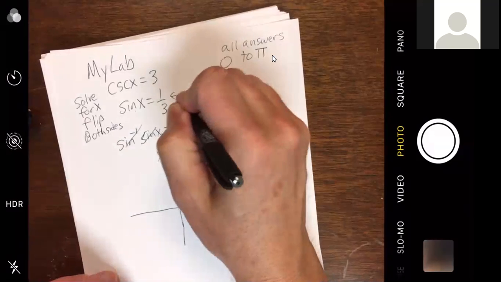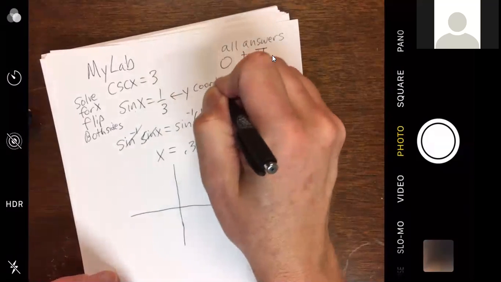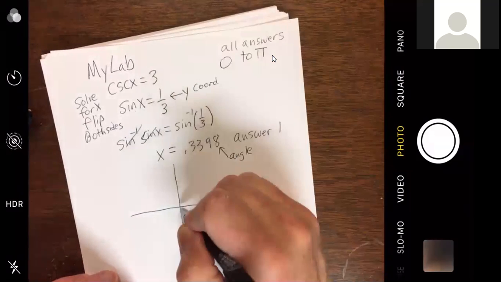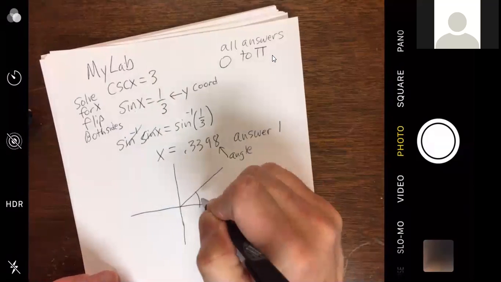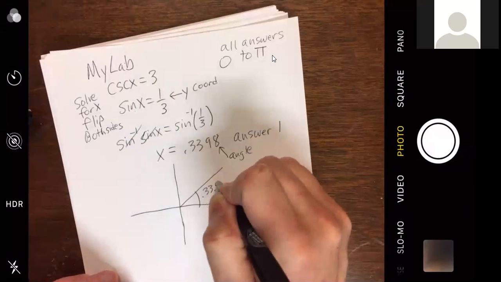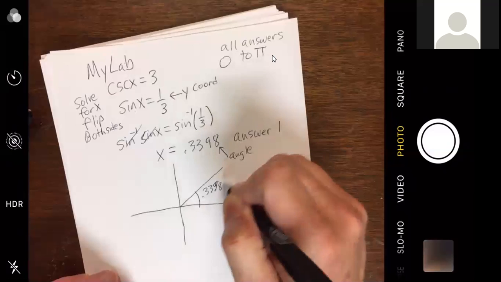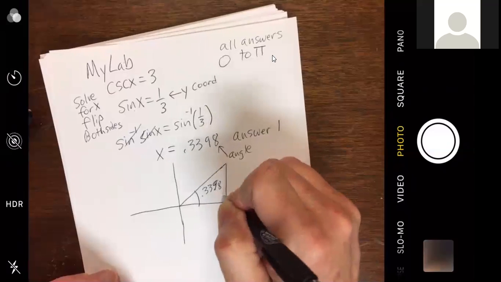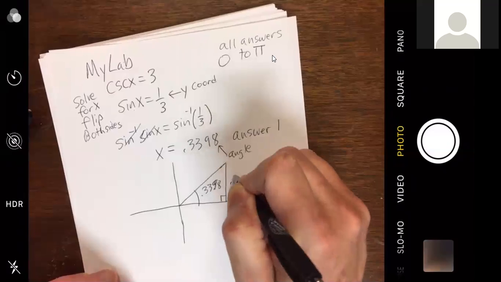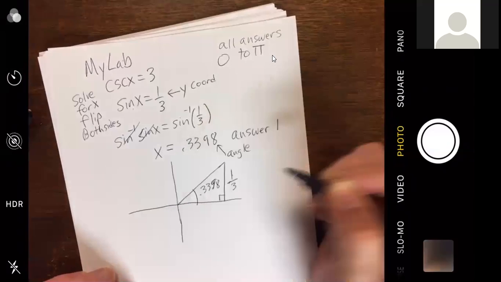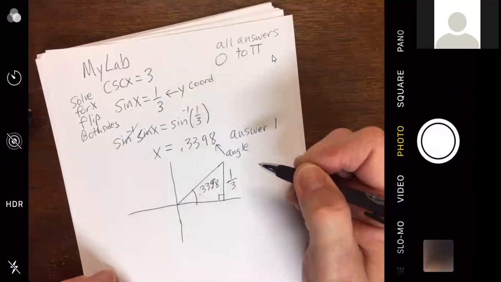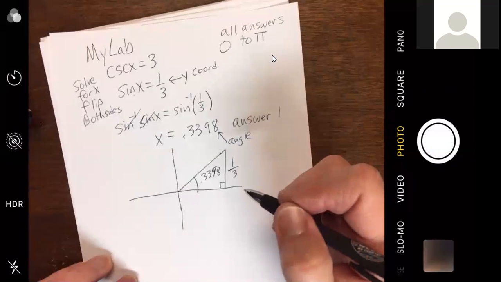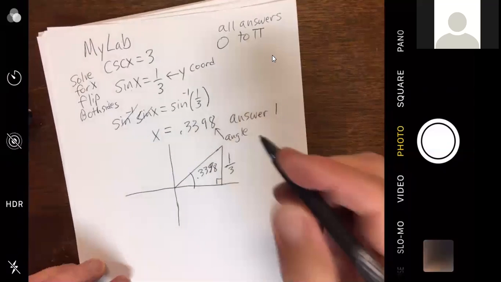This is the y coordinate. So I form a little angle. The angle is 0.3398, and the vertical side, the y coordinate at that side, is 1/3. It's supposed to be vertical, sorry about that.